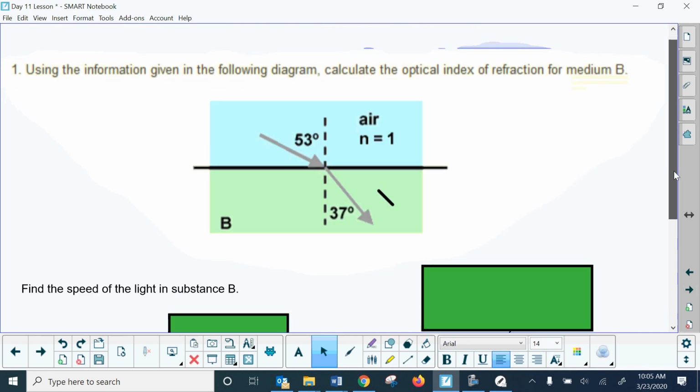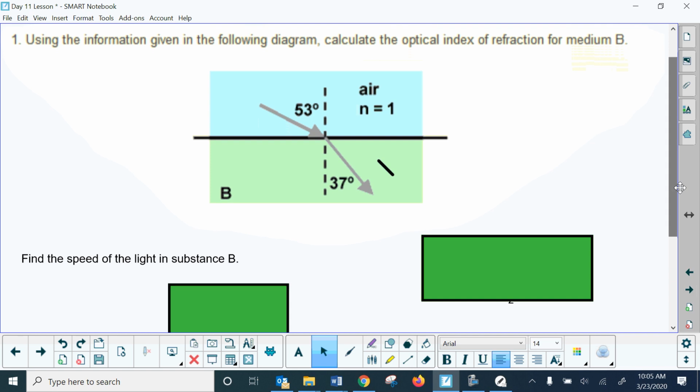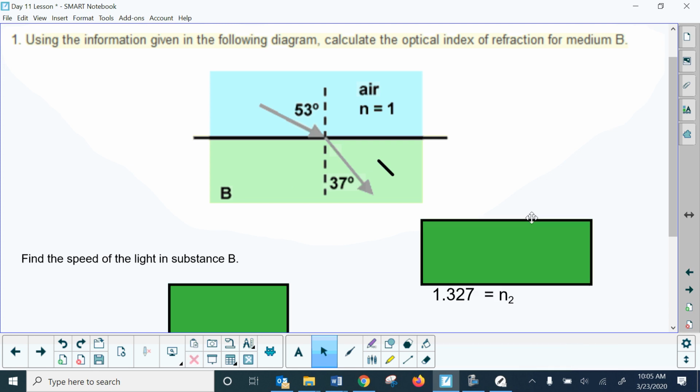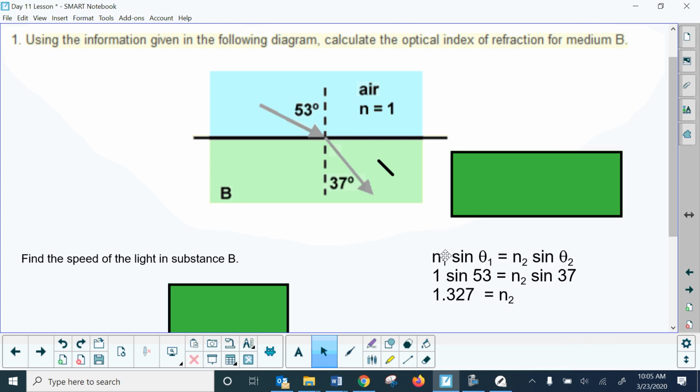Similar kind of thing here. So it says using the given information, calculate the optical index of refraction for medium B. So we're looking for basically the index n in this B material or this green material. So that's what I did here. Again, it's just Snell's law. So n1 sine theta 1 equals n2 sine theta 2.